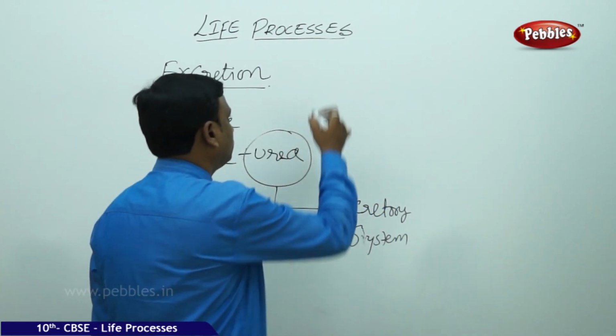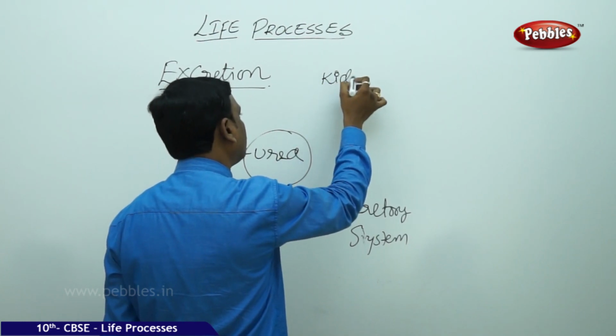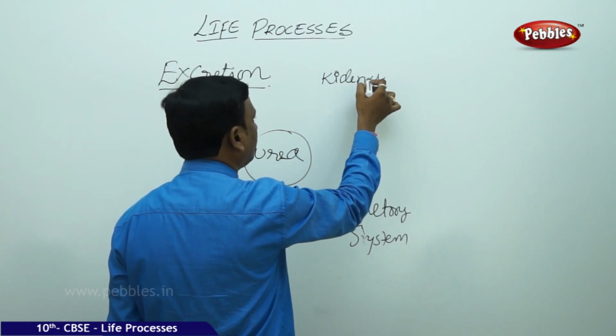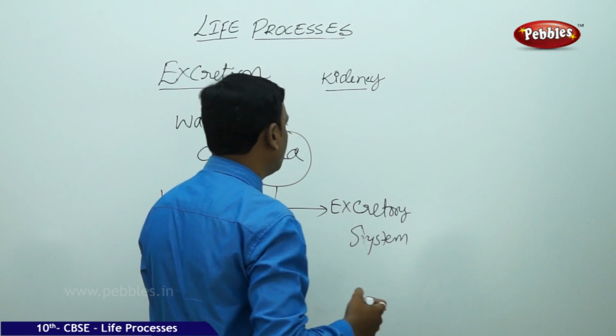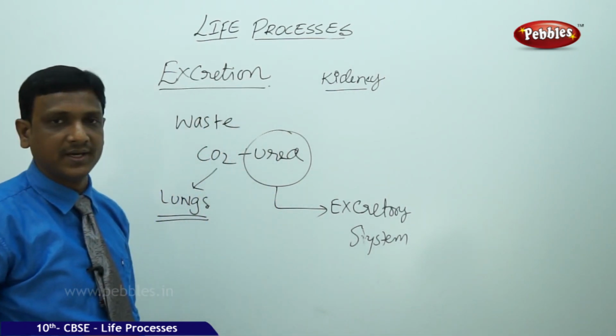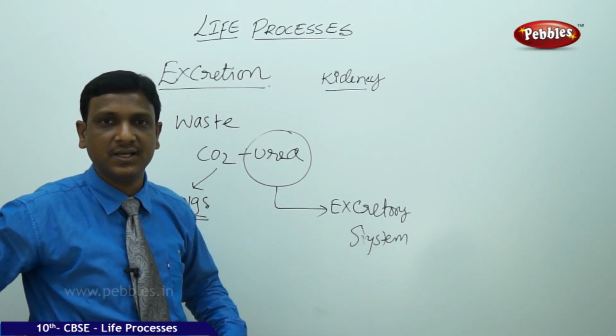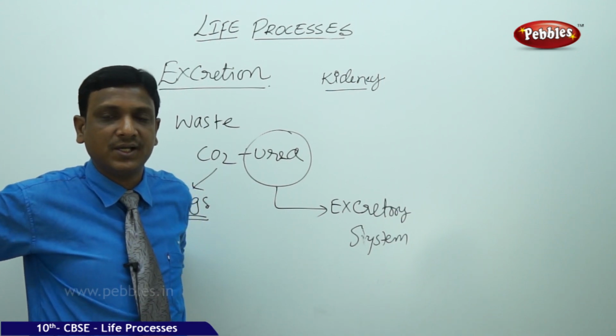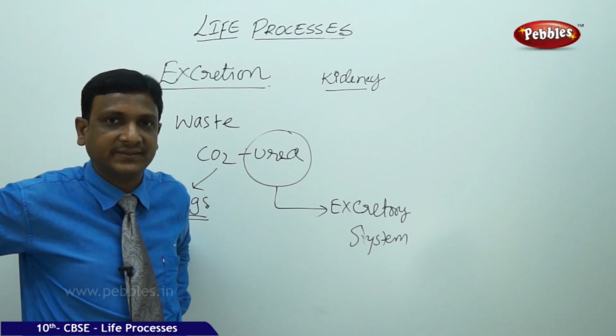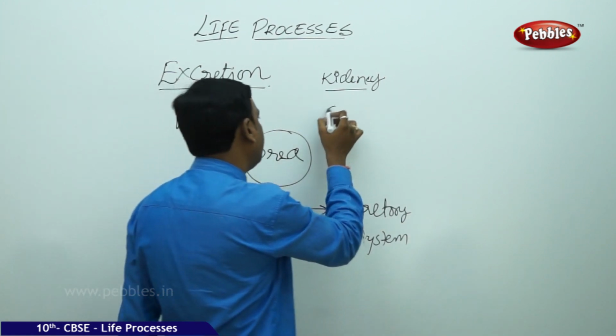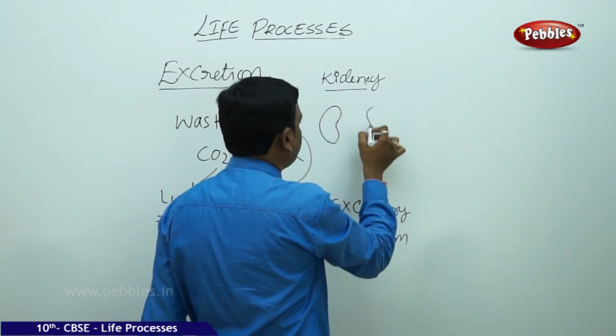We have a pair of kidneys for the excretion of wastes like urea. So where is this pair of kidneys located? They are located in our abdominal cavity, towards the back side. You can feel that they are below your rib cage. At your back side you have a pair of kidneys. So what do these kidneys do?